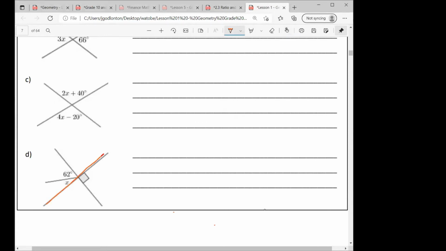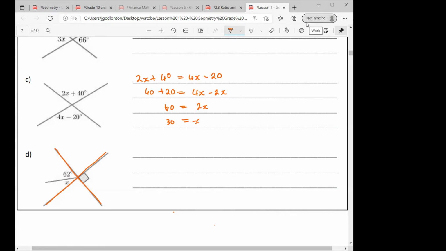I want you to think, those are your two straight lines, and I want you to think about what that square means. Then think about how we could find x.